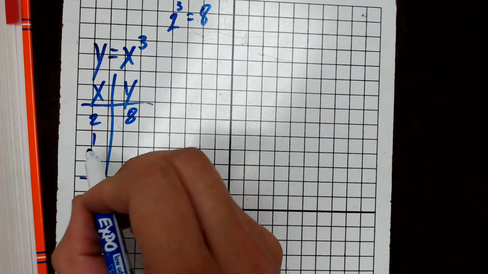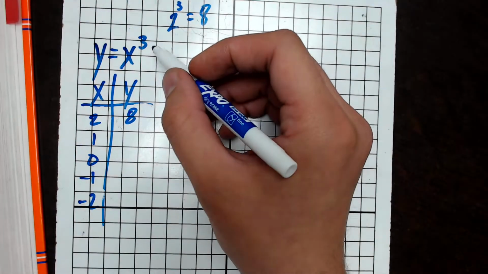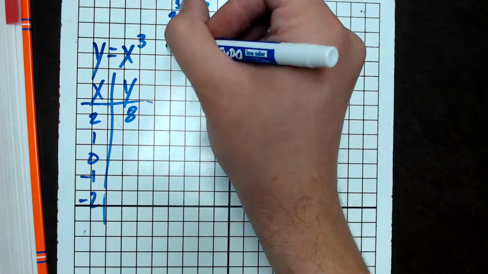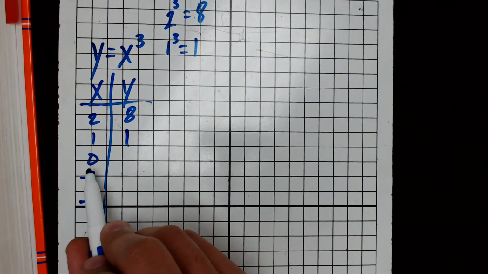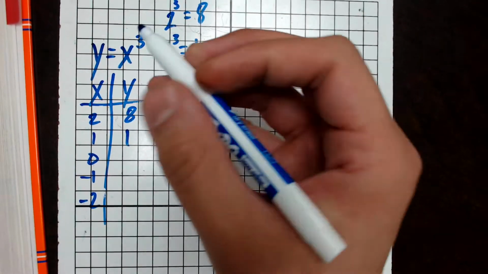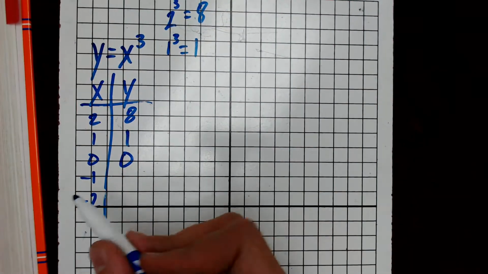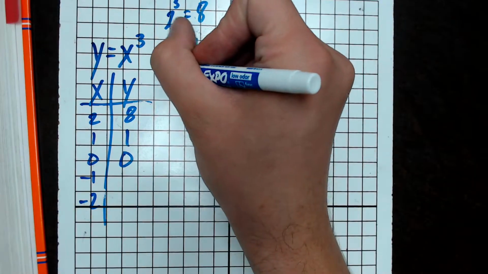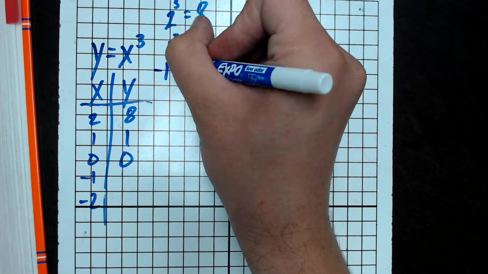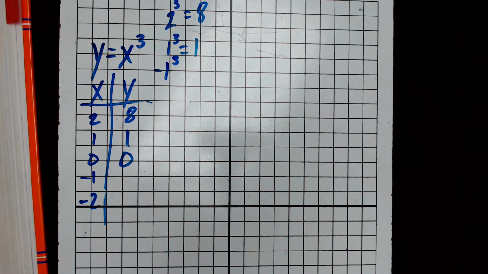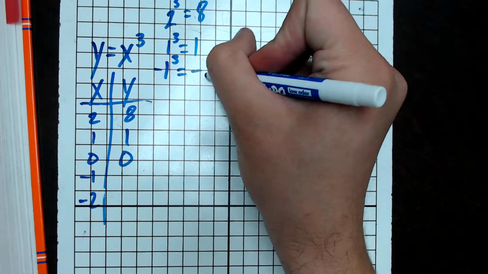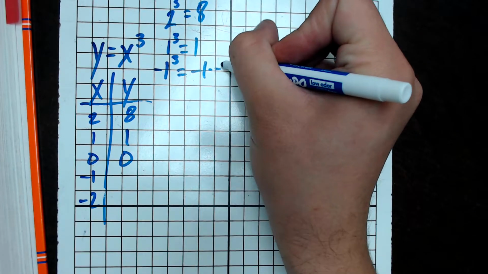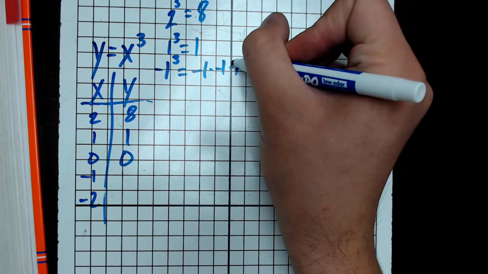Now if x is 1, 1 cubed is going to be 1. So y will be 1. Now, if x is 0, 0 cubed is going to be 0. Now, -1. Let's take -1 cubed. And that one can be a little tough with a negative, so we'll go ahead and multiply -1 times -1 times -1.